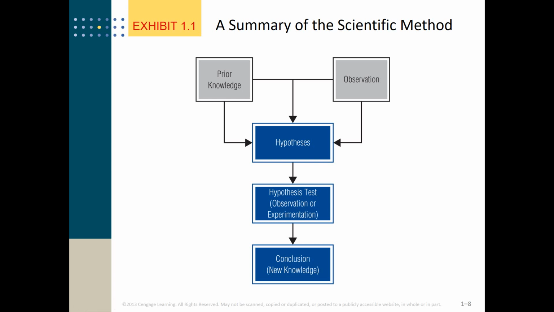For example, as I just gave you an example, if we do research on what motivates managers, let's say it's salary. On the basis of our knowledge and observation, we develop hypotheses like salary has a positive relationship with managers' motivation. So we develop hypotheses like this.